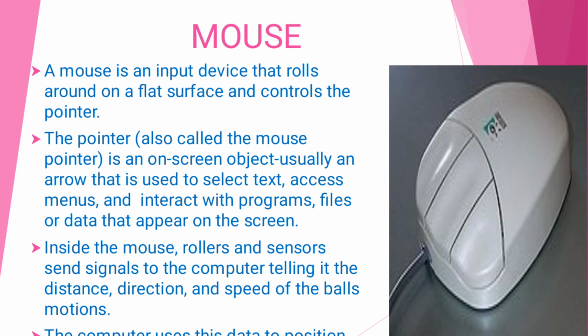Inside the mouse, rollers and sensors send signals to the computer telling it the distance, direction, and speed of the ball's motion. The computer uses this data to position the mouse pointer on the screen.